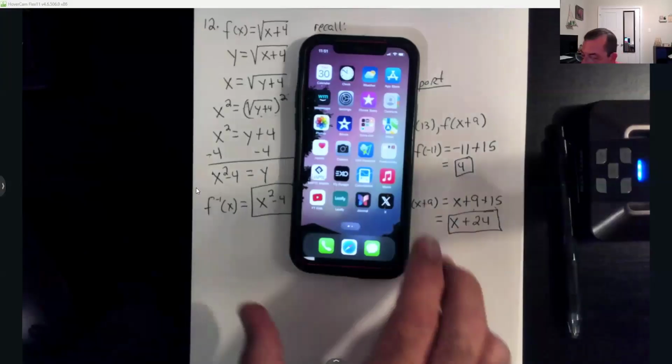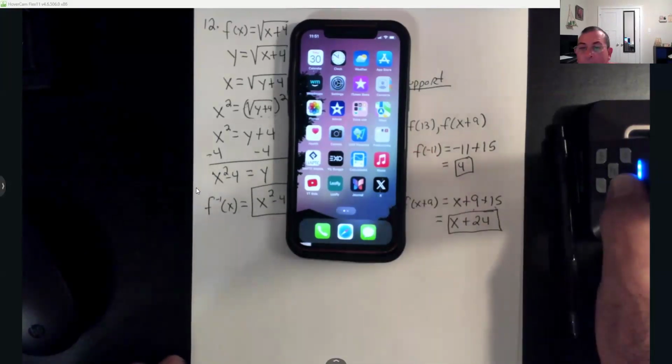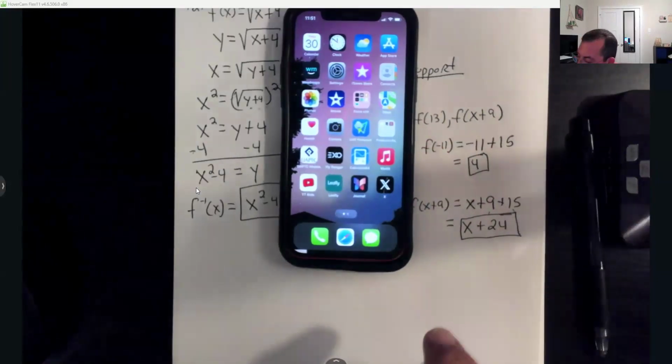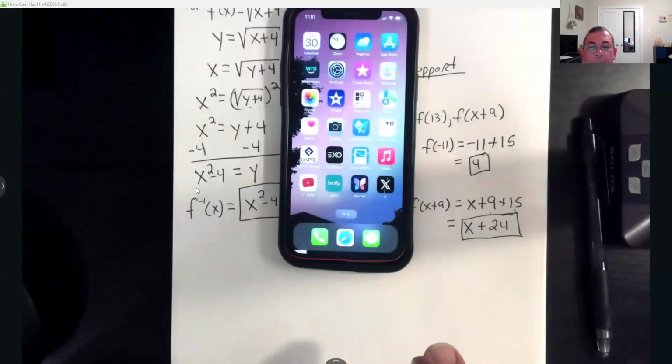Now, any of y'all that don't have a TI-84 calculator, so all y'all got a calculator, or I was going to say, if you don't have the actual calculator, you can use an app I'm going to show you. Let me zoom that in just a little.